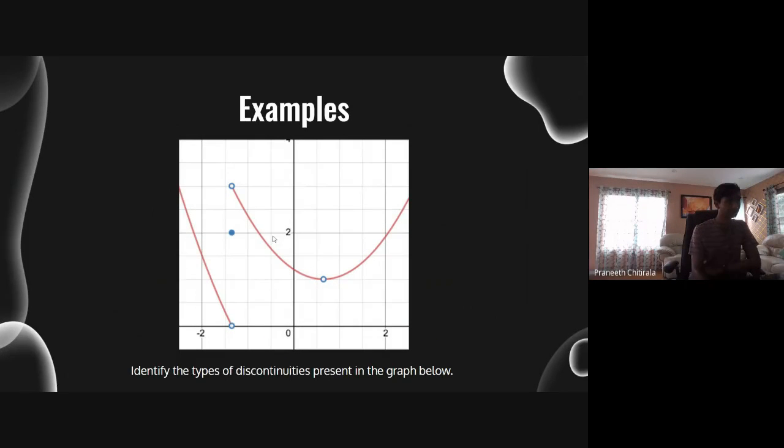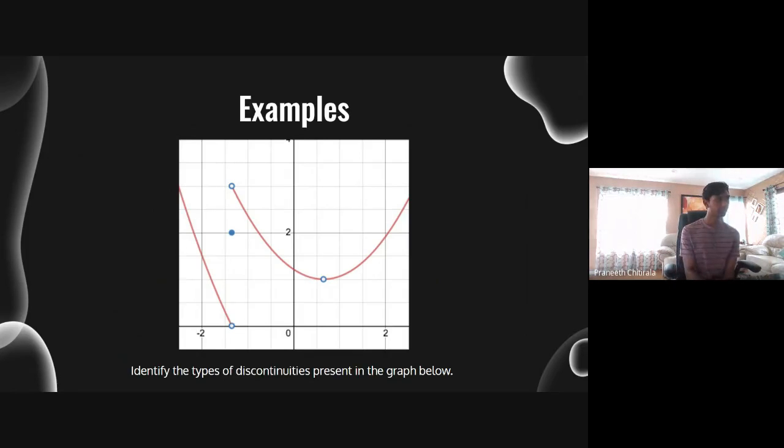So here are some examples. Identify the types of discontinuities present in the graph below. So I'll give you some time, but there are exactly 2 discontinuities, so try to determine what they are. So there are 2 discontinuities.